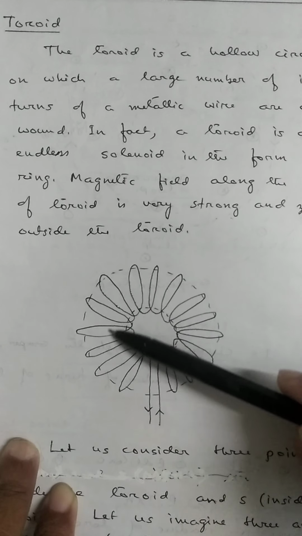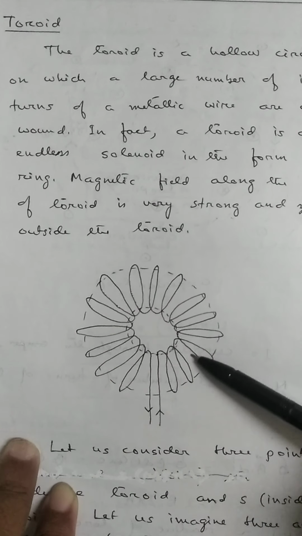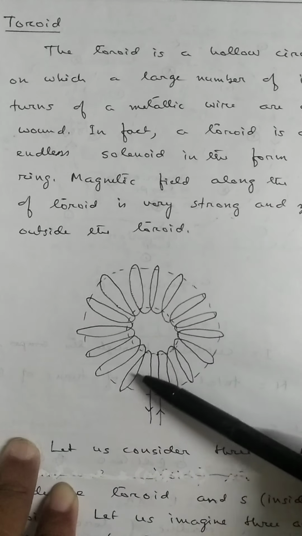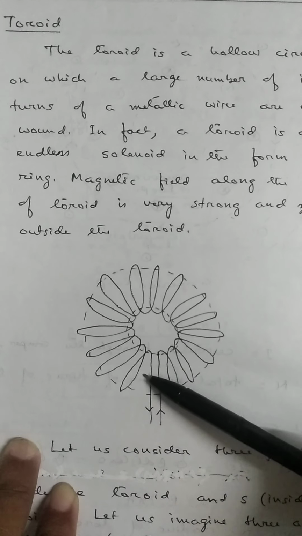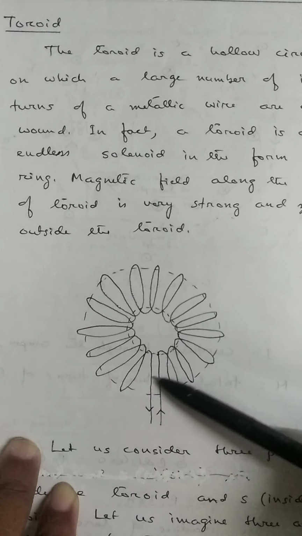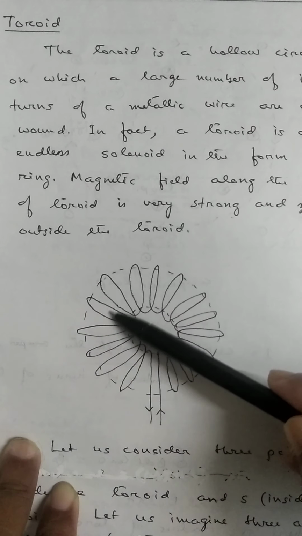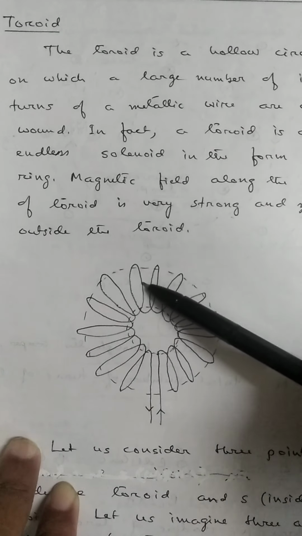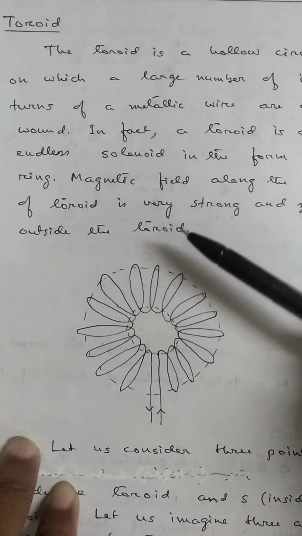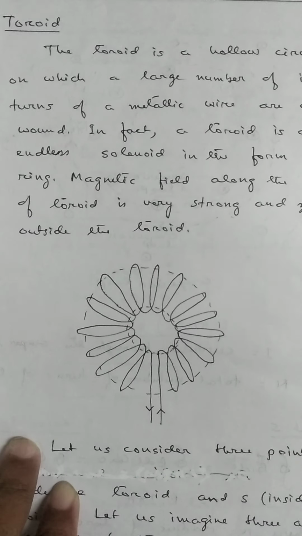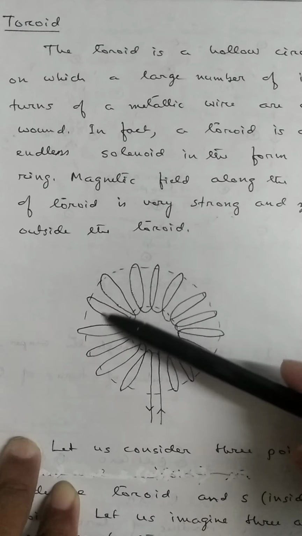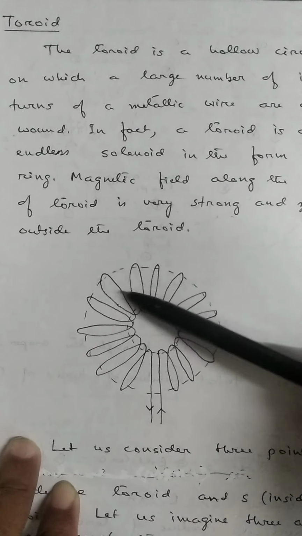Because lines of force will flow like this. Initially, say this is the north pole, this is the south pole, the lines of force will go like this. So since not a single line of force is outside the coil of the toroid, a very strong magnetic field is produced in this particular region.